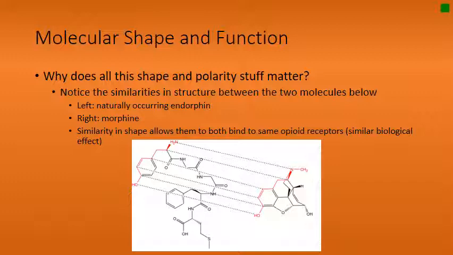The fact that the shape and the polarity of the morphine molecule mimic the shape and the polarity of the endorphin allows both molecules to bind to the same opioid receptor in the human body. Consequently, because their shape and their polarity are similar, their biological effect, their biological function, is similar.